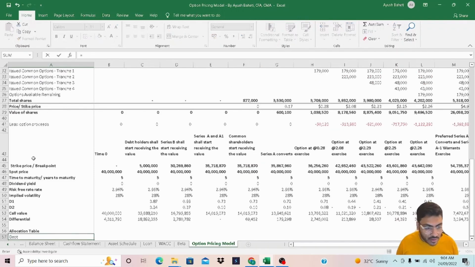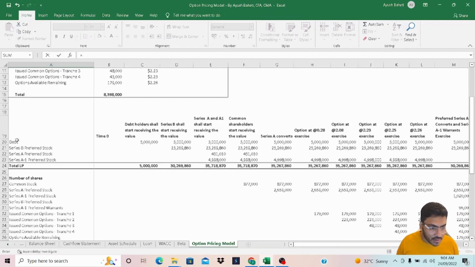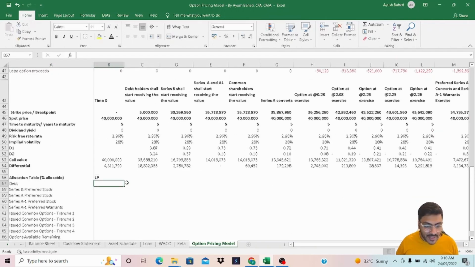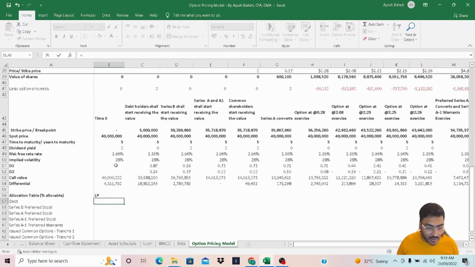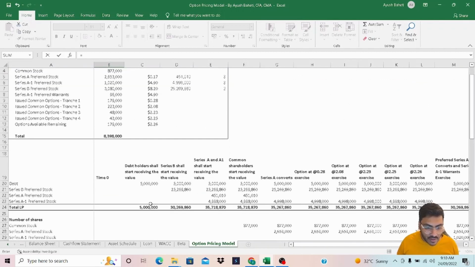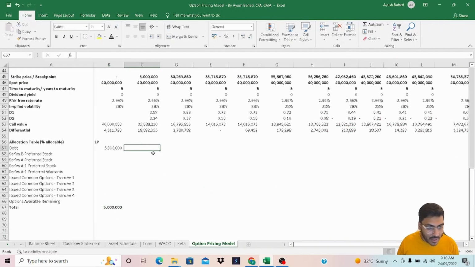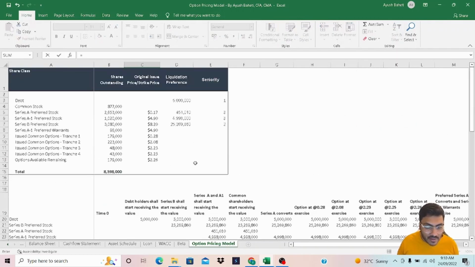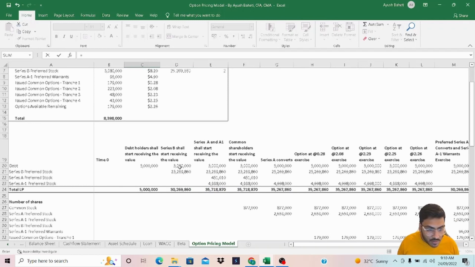Let's list out all the shareholders and debt holders. Let's see at each level which shareholder is getting what. So first the debt holders are getting their liquidation preference, which is this value. What is happening next is Series B is getting its liquidation preference, which is this value.